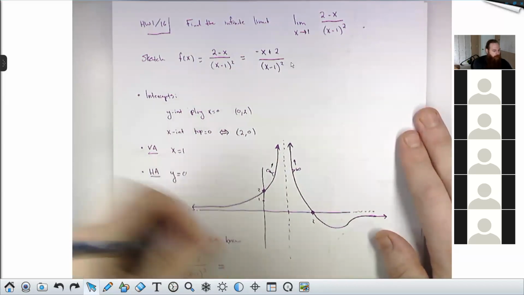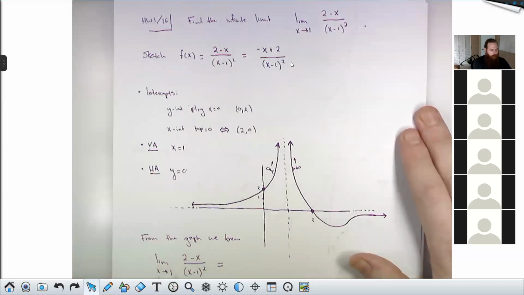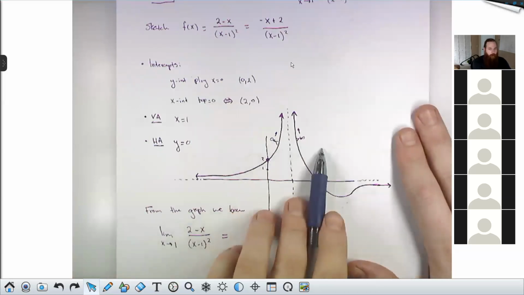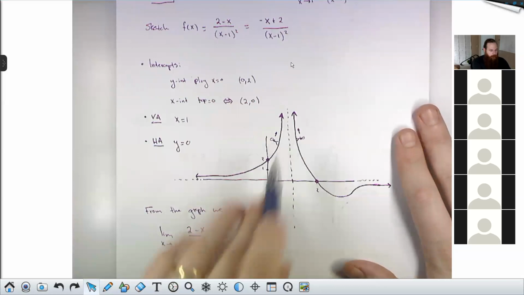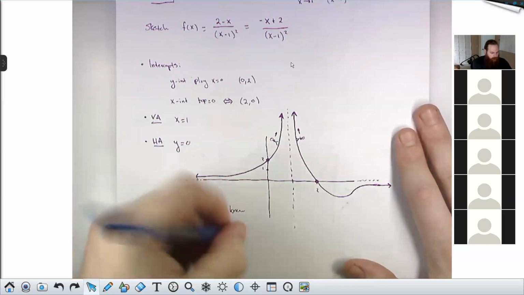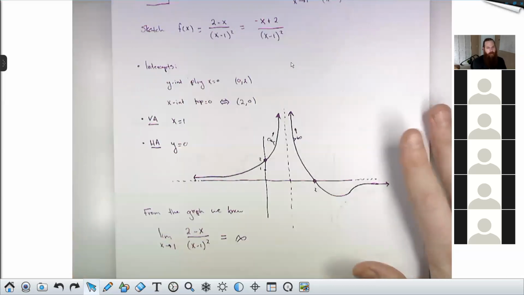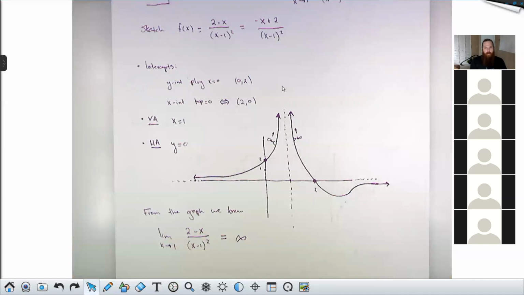And this is the overall limit now. I'm not writing the one-sided limit because we just talked our way through the one-sided limits. Those are both plus infinity, so the overall limit does exist, and it's plus infinity. If we went up on one side and down on the other side, then this limit would not exist, because positive infinity and negative infinity are not the same thing. But this would be a nice solution to this problem, where you sketch the graph, and then from your graph, you can determine what's going on with the function.